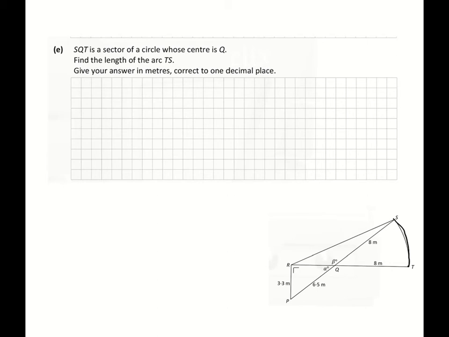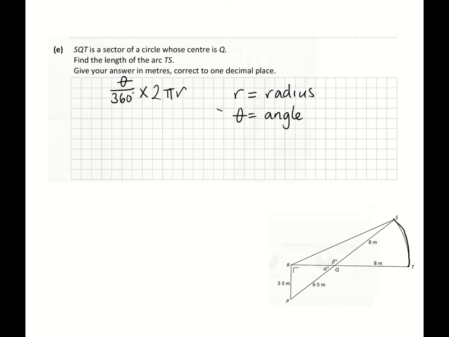So the whole circumference of a circle, if you looked in the maths tables, you'd find the formula is 2 pi r. And we're finding a fraction of that. So you'll see the formula is theta over 360 by 2 pi r. And r is the radius and theta is the angle.